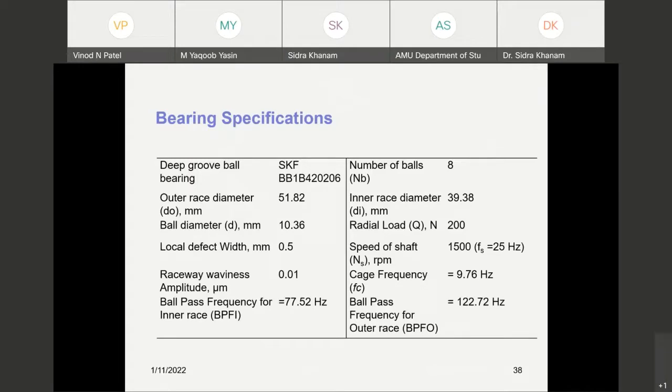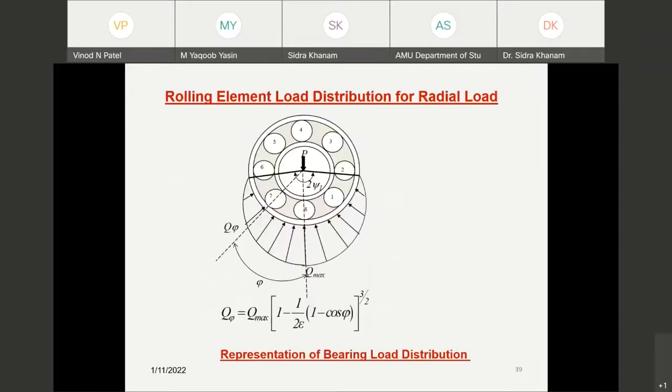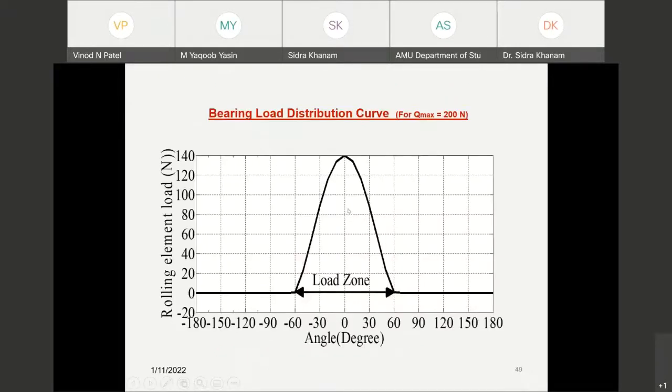Suppose I have used a bearing manufactured by SKF, bearing number BB1 B420206. This is its load distribution, and I have derived it for when the ball enters here. This is the beginning of the load zone.